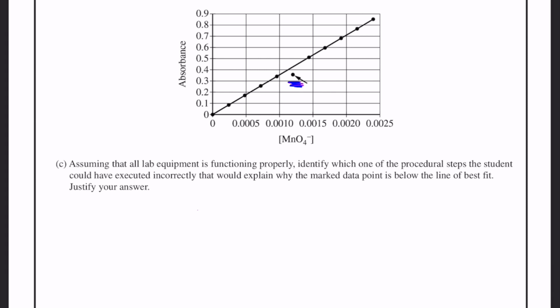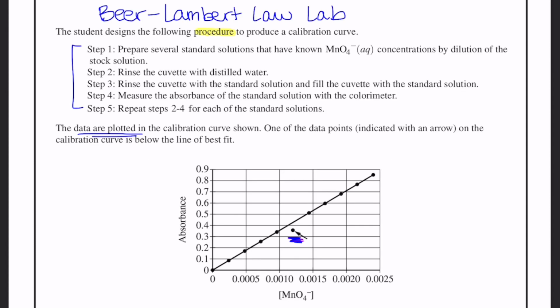And then they're just asking what error could have caused this discrepancy in the data point. And they're asking us to identify the particular step where it went wrong. So something that we need to observe here is our error is one where the data point is below the line of best fit.